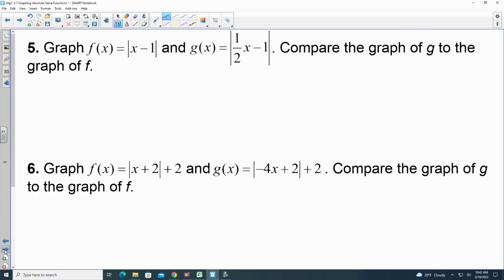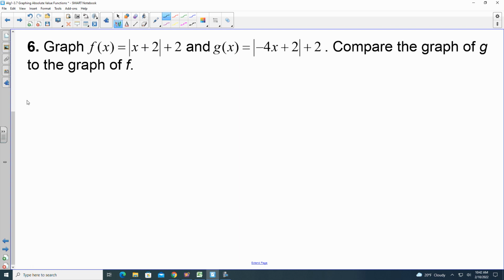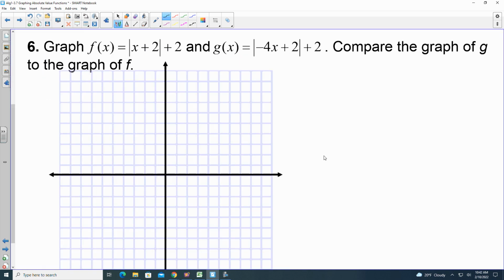All right, let's take a look at question 6. So I'm graphing this function here. I have f of x is equal to the absolute value of x plus 2, and then plus 2.